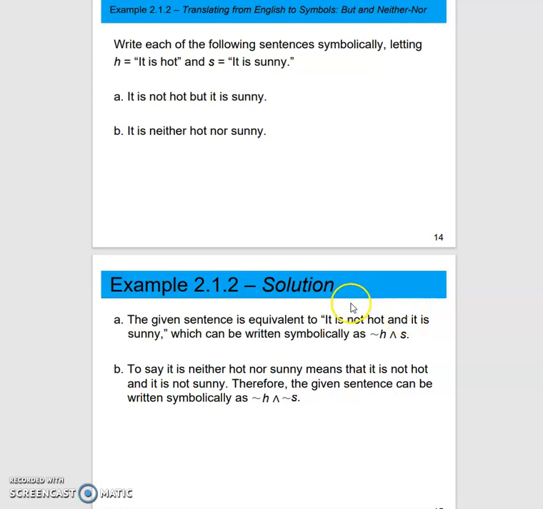So I am going to write this as it is not hot and it is sunny, so tilde H and then my up caret S. And finally, it is neither hot nor sunny. Again, I am going to rewrite that as it is not hot and it is not sunny. So I'll have my tilde H, my little up caret, and then tilde S. Again, these two statements are different logically.